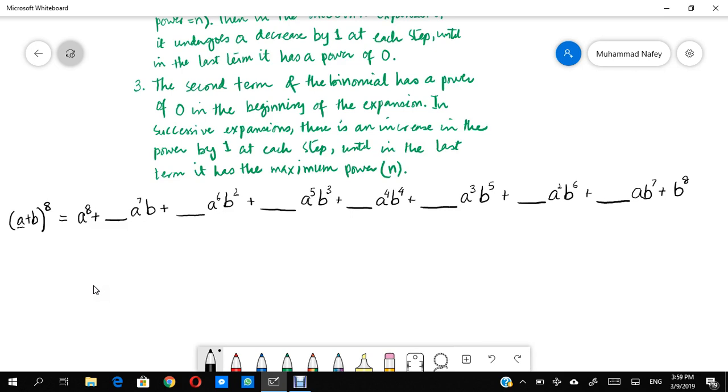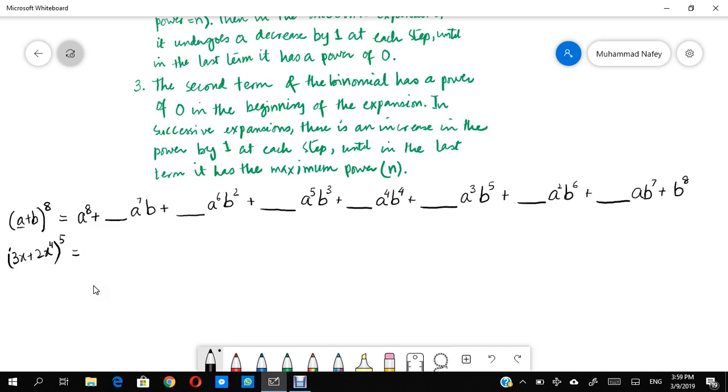I hope this is extremely clear. Now a and b are just some representatives. You can have anything in place of a and b. Let's take the example of maybe (3x + 2x to the power of 4), and we give this entire binomial a power of 5. So how will we go with the expansions?